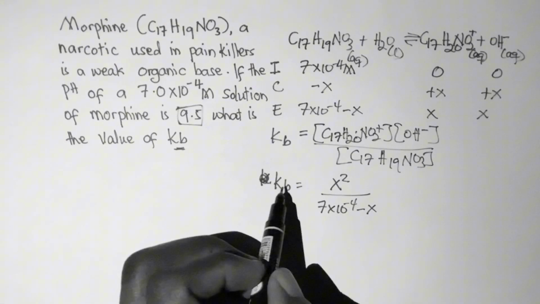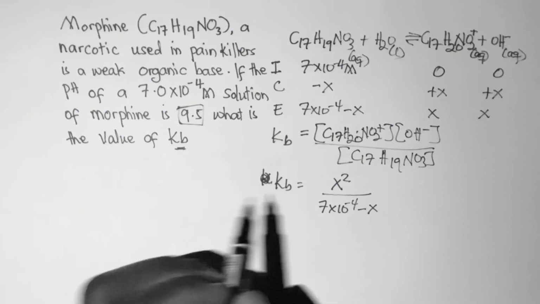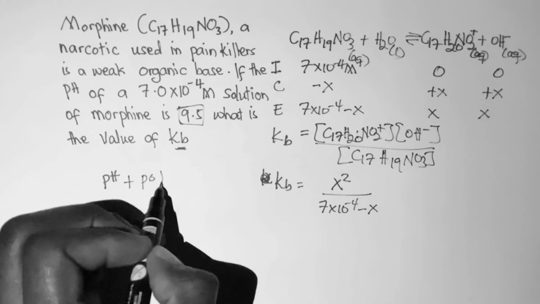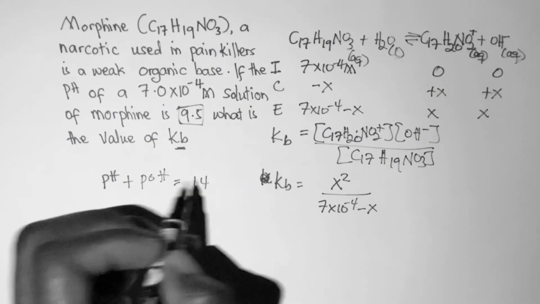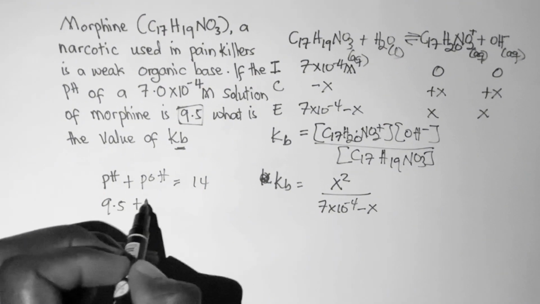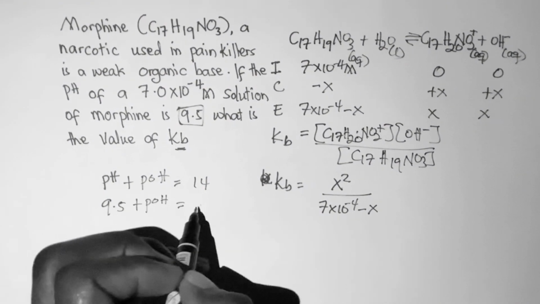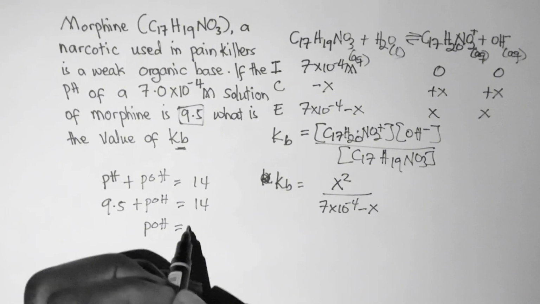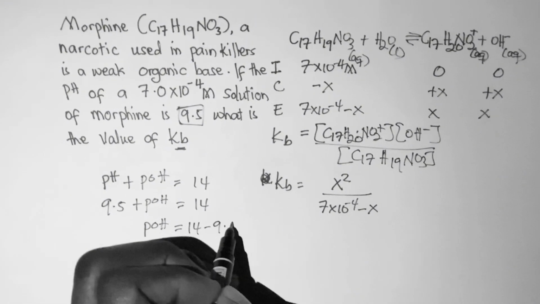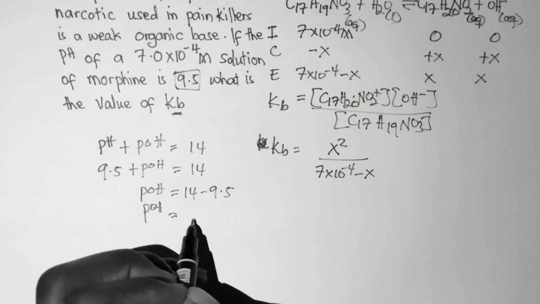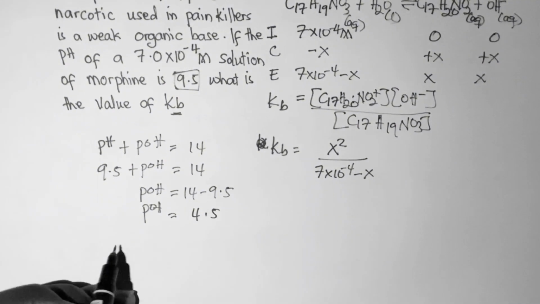So since we are talking about Kb, we are talking about bases, and therefore we know that pH plus pOH is equal to 14. So 9.5 plus pOH is equal to 14. So pOH is equal to 14 minus 9.5, and therefore pOH is equal to 4.5.